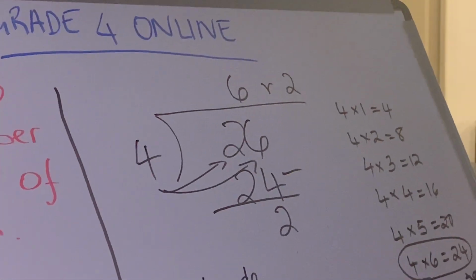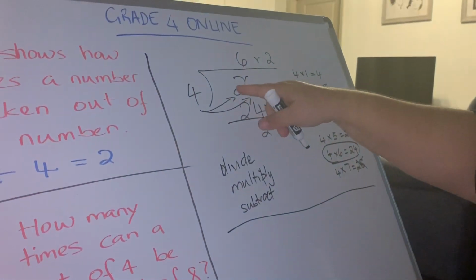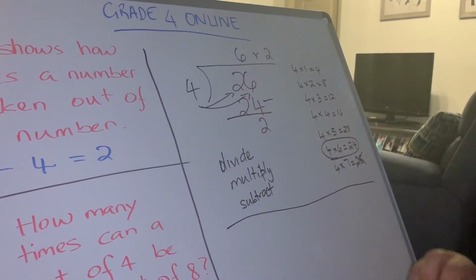Now guys, just to illustrate that a little bit more, we're going to divide 26 by 4 using stars. Ready?